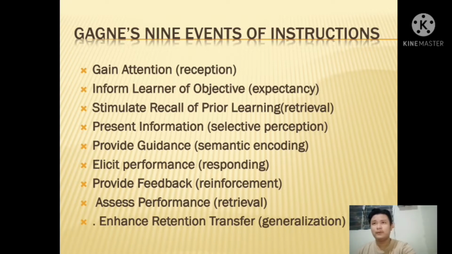So now we have Gagne's 9 events of instruction. According to Gagne, the first one is gain attention or reception. The second one is inform learner of the objective or the expectancy.